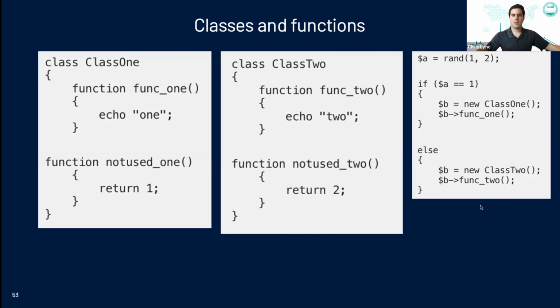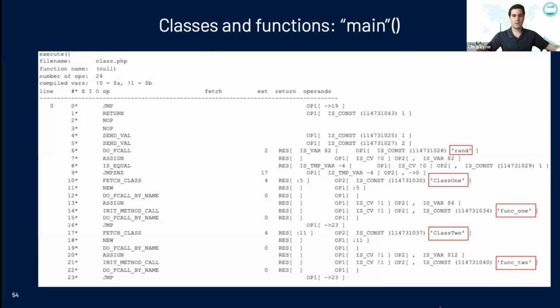Now, I define these classes, and I also have a main function here. Generate a random number, 1 or 2, and depending on the value, either class 1 or class 2 is instantiated, and either func1 or func2 will be called. When I ran my modified VLD against this, here's the main that we saw.